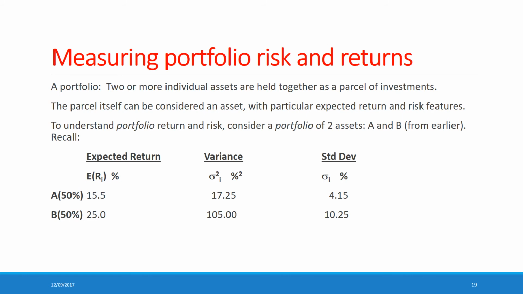Whereas an individual asset's risk is simply the variation of different outcomes from the mean. With portfolio risks and returns, portfolio returns are measured in a similar way compared to individual asset returns, but portfolio risk is a bit different.